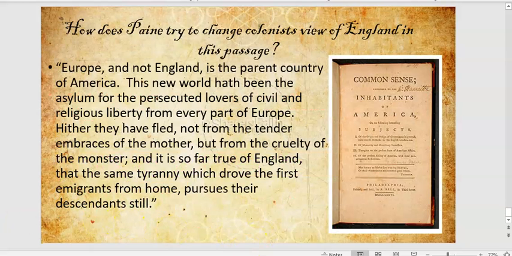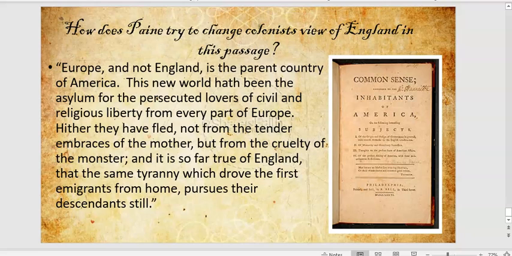So the last thing I wanted to show you was this little excerpt from Common Sense, and it says, "Europe and not England is the parent country of America. The New World hath been the asylum for the persecuted lovers of civil and religious liberty." So he's saying the New World, America, has been like the protective haven for all those people from England that were being persecuted, right?